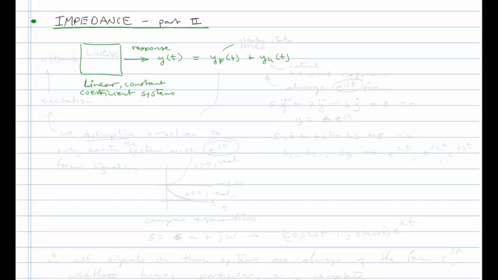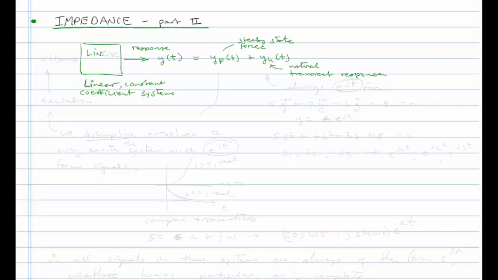The particular is steady state or forced. The homogeneous is what we call natural response or transient response. Now this is true for any system, whether it's linear or not. There's always a particular and a forced response.